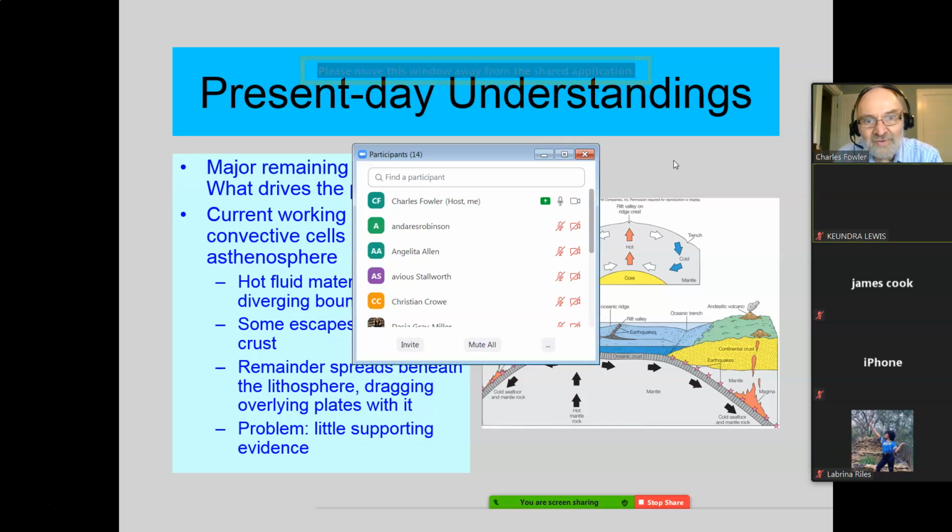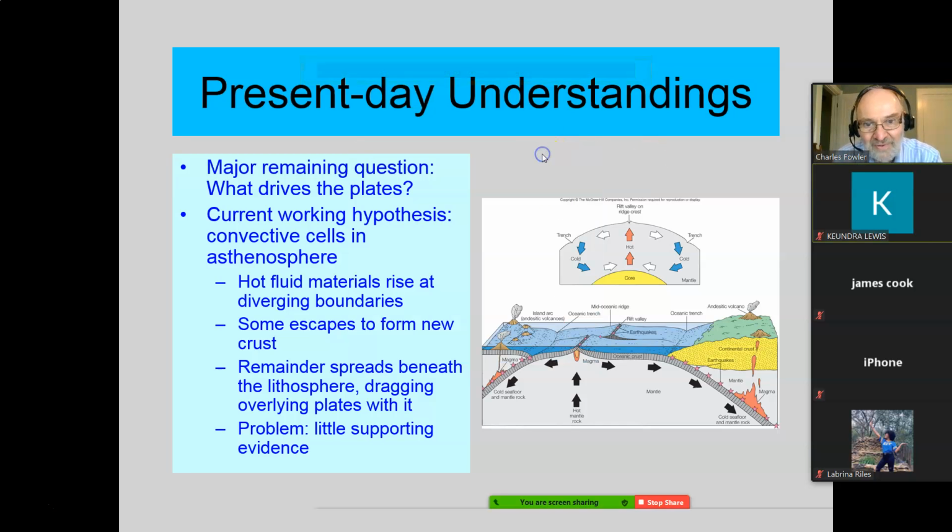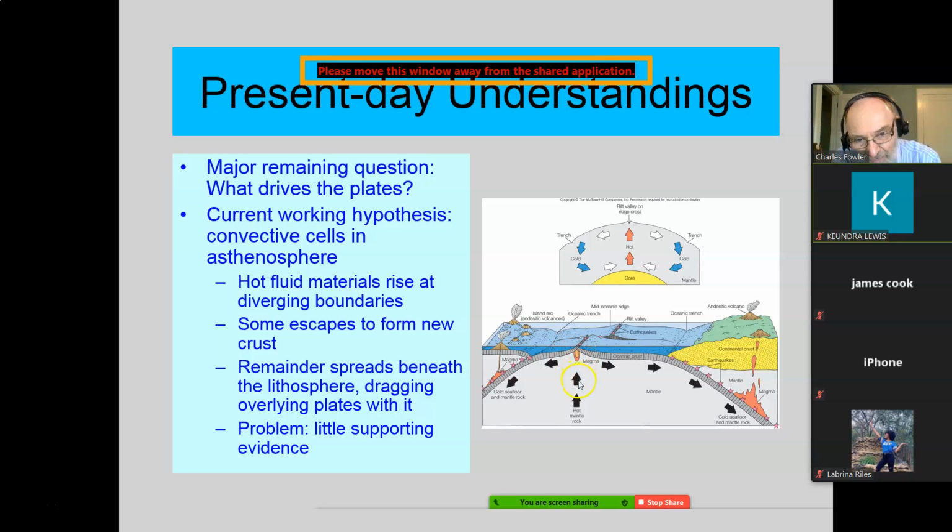So, there's another hypothesis here. I've already forgotten the word now. Convective movement of the magma would be some of it comes out here and maybe pushes these a little further apart.